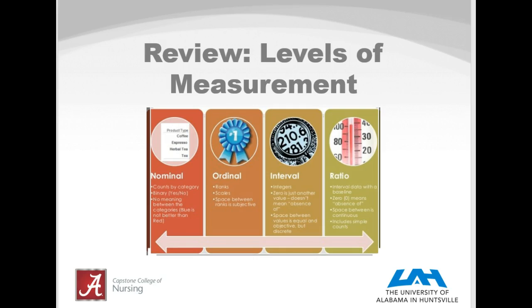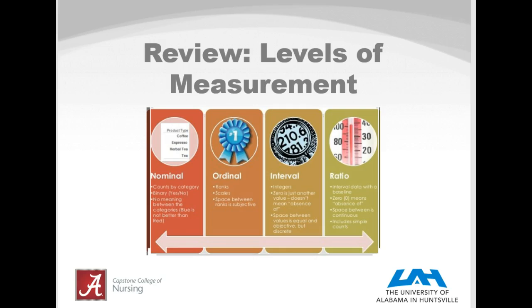Variables that are measured at the nominal level that are often described in nursing research studies include things like gender, race, ethnicity, marital status, or medical diagnoses. Now, it's important to note that in some cases, you're going to have participants that check more than one medical diagnosis, or they declare that they have more than one medical diagnosis. So that's important for you to know.